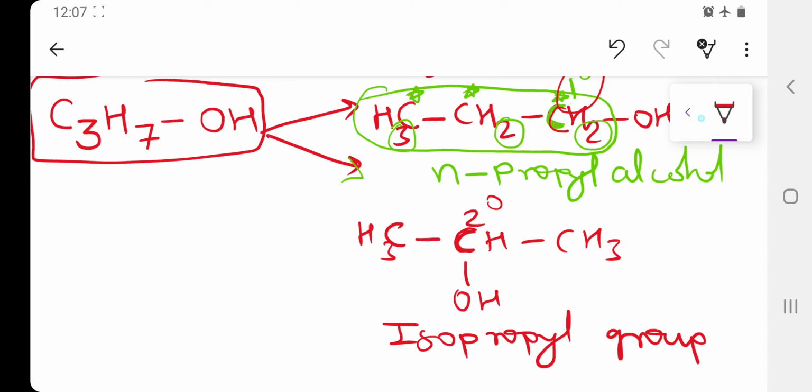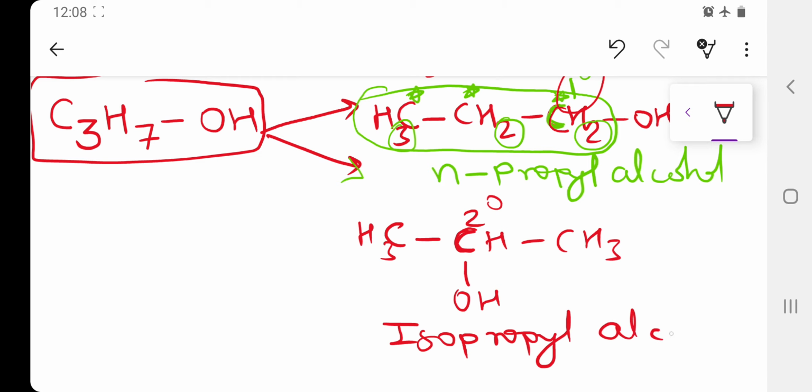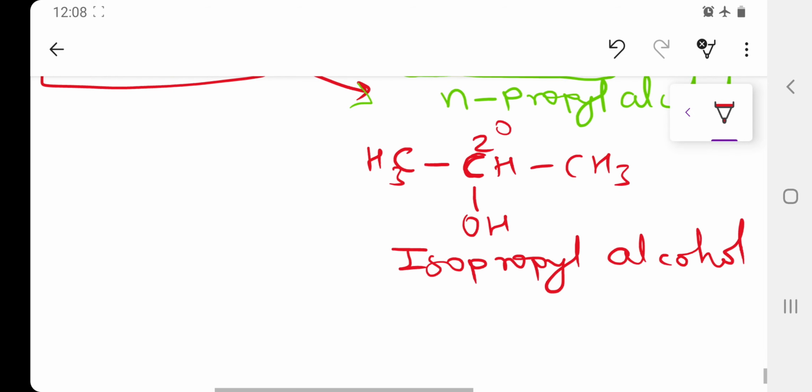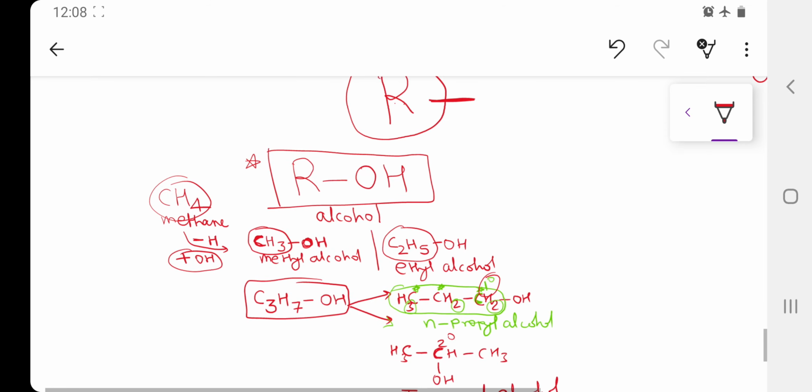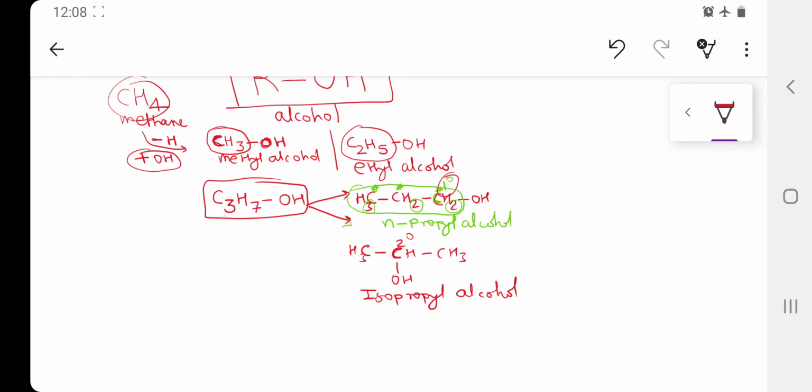Now the isopropyl group and the compound will be called isopropyl alcohol.